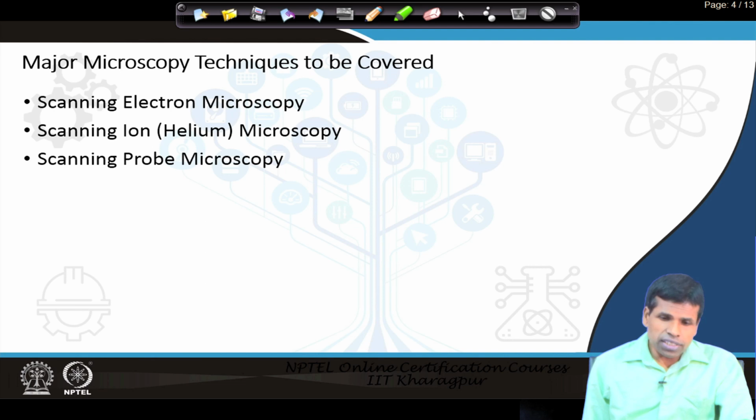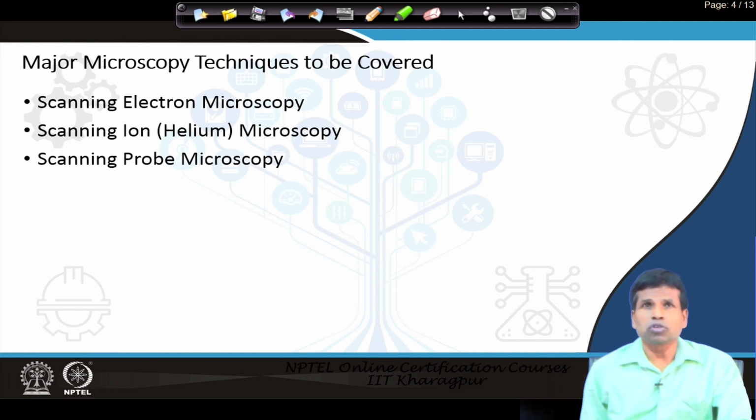So, in each case I will be covering the basic principle, different parts and their functions, how signals are obtained using this technique and used for constructing images, how different parameters are varied to get the desired information and how samples are prepared to be examined under these microscopes. And all these microscopes provide us three dimensional images.